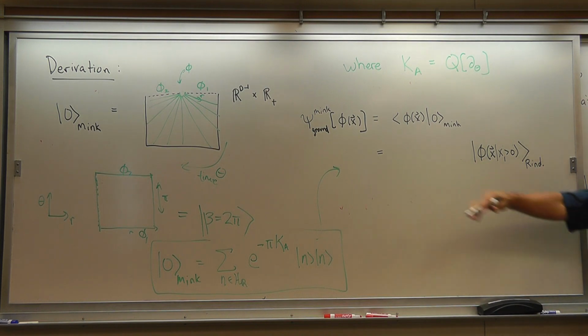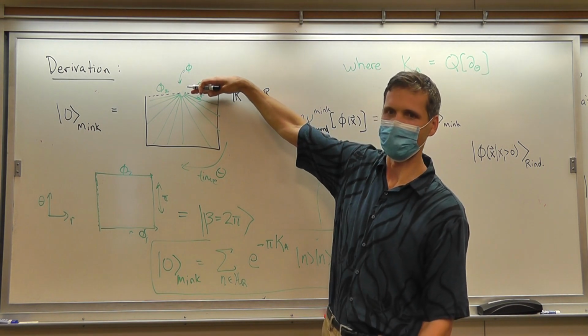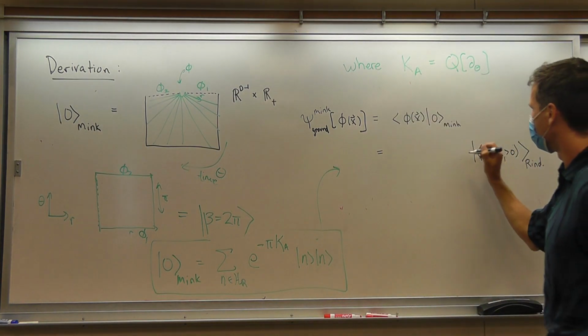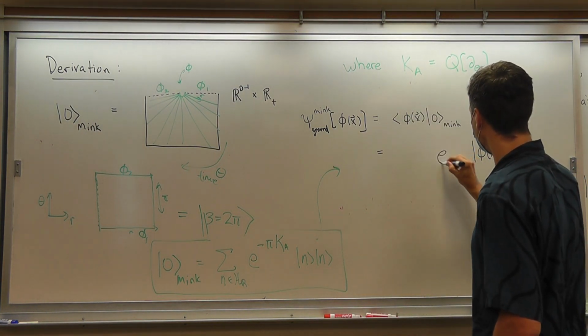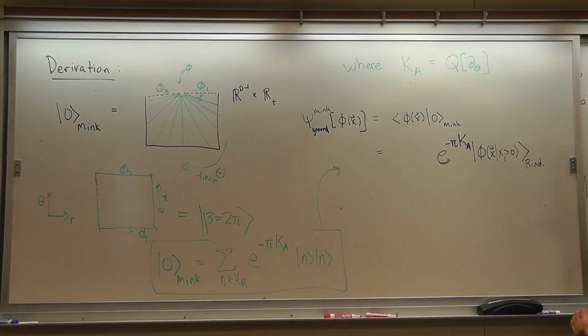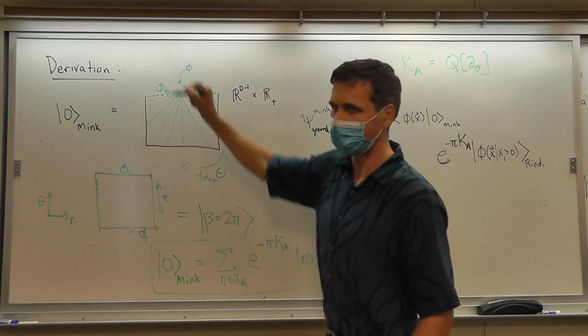So I'm taking that same field data, and what I just wrote is phi 1. It's the right half of the field data. And then evolved by e to the minus pi k. And then we put the other field data on the other end.